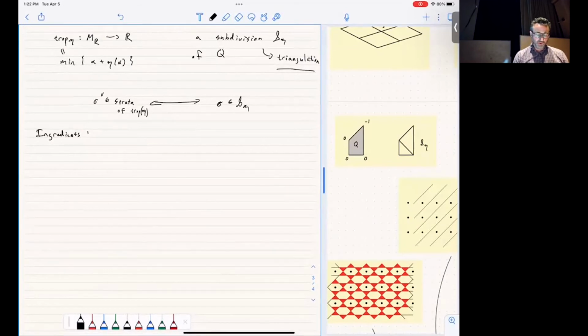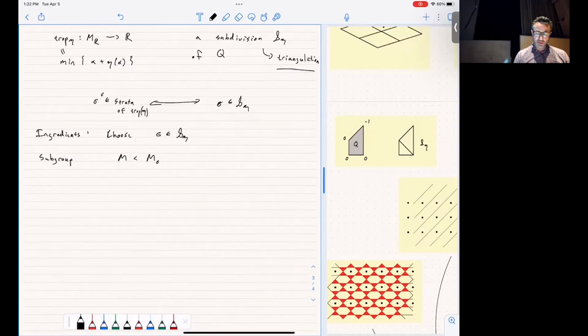So we're going to need a subgroup of M_R, which I'll label M sub sigma. First, let's choose any simplex sigma in our triangulation.